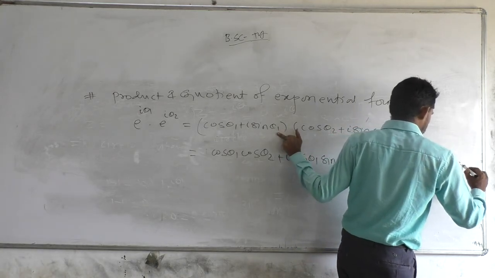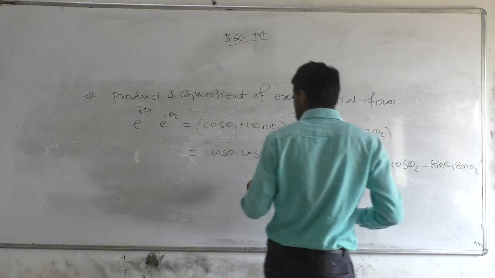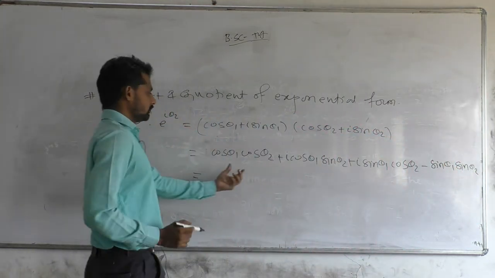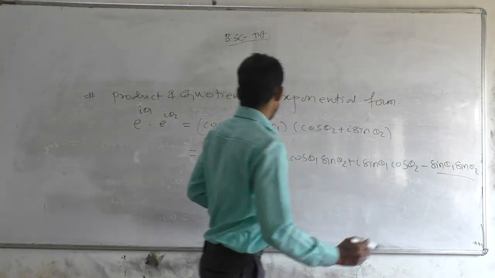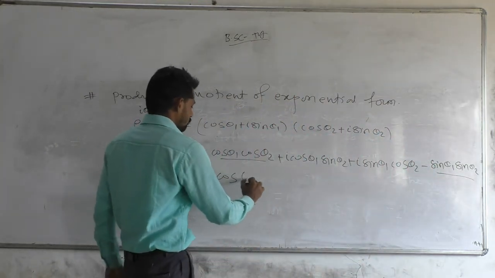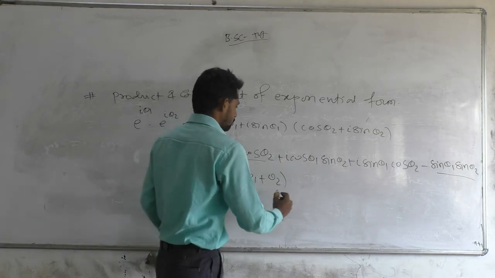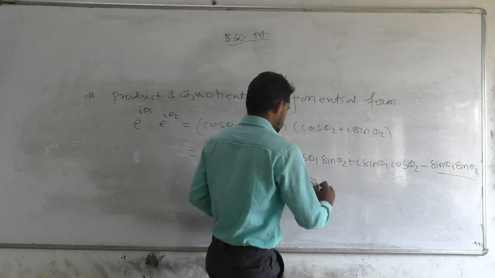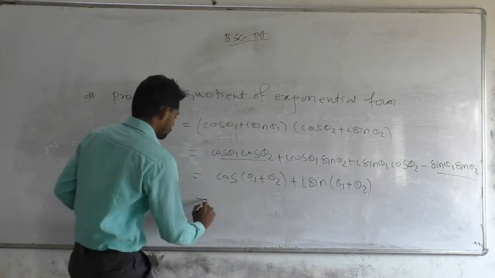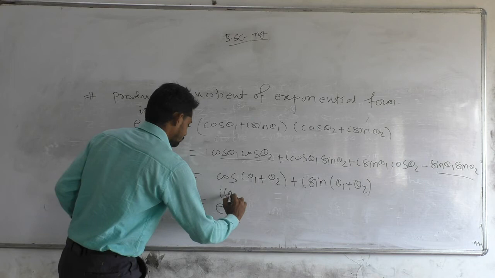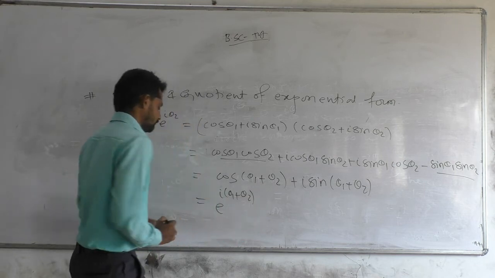So what is it? It is the expansion of cos of theta 1 plus theta 2 plus i sin of theta 1 plus theta 2. So it can be written as e raised to i theta 1 plus theta 2.